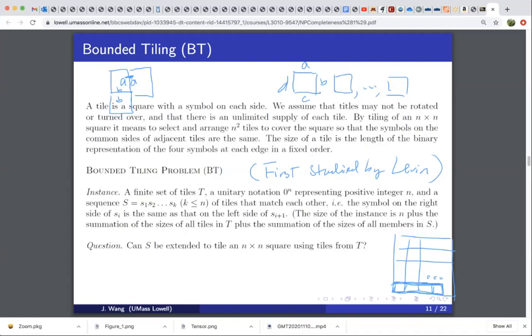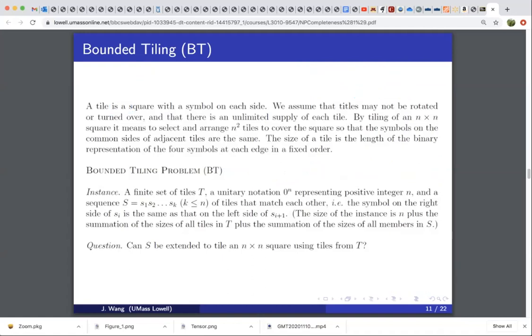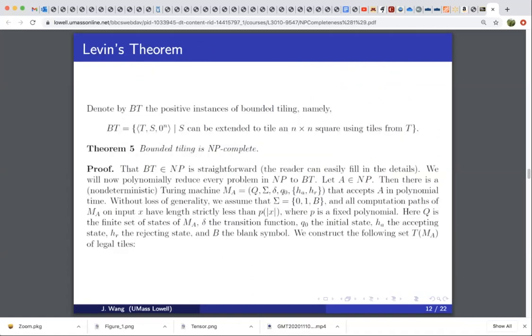Okay, so if you put every positive instance in a set, that will look like this. We denote by BT the positive instances of bounded tiling.